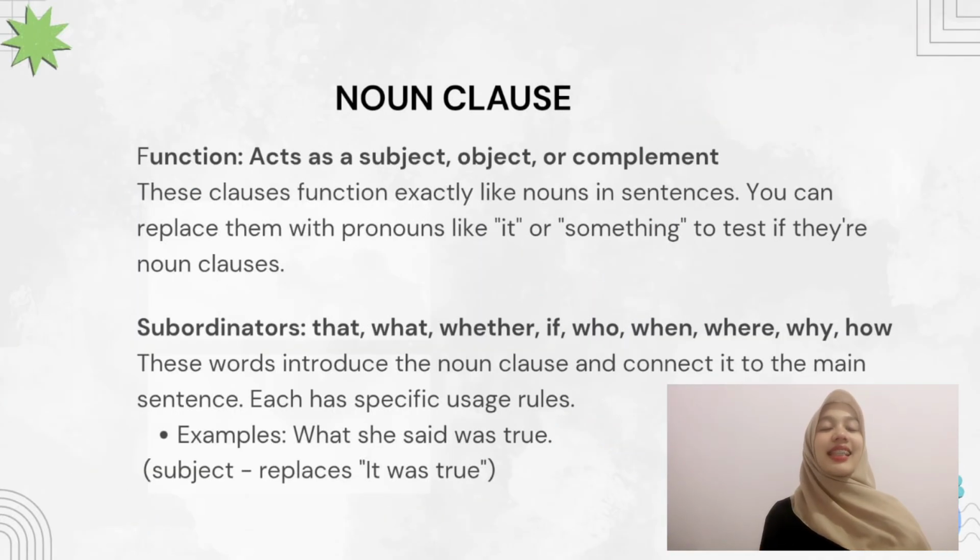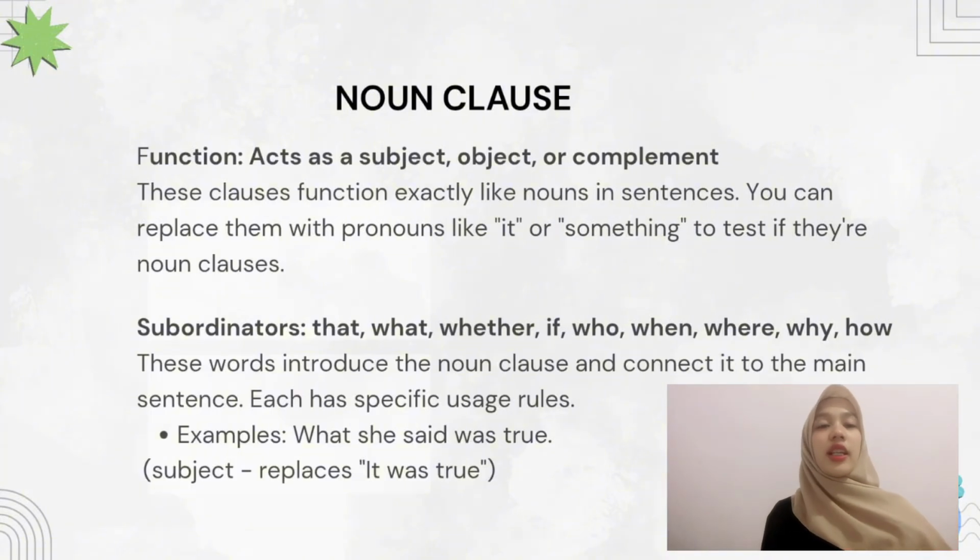So the next is noun clause. The function is to act as a subject, object, or complement. These clauses function exactly like nouns in sentences. You can replace them with pronouns like it or something to test if they are noun clauses. Okay?